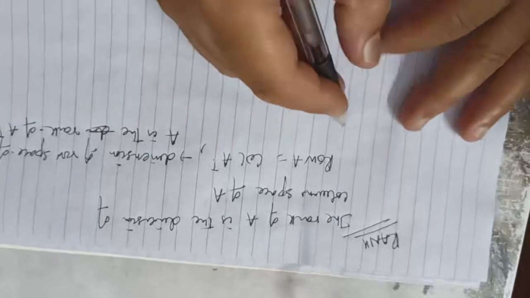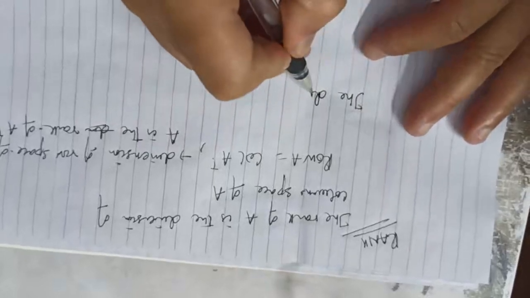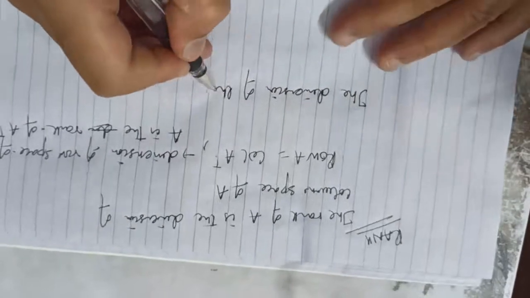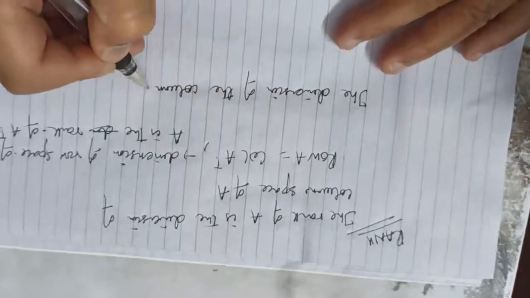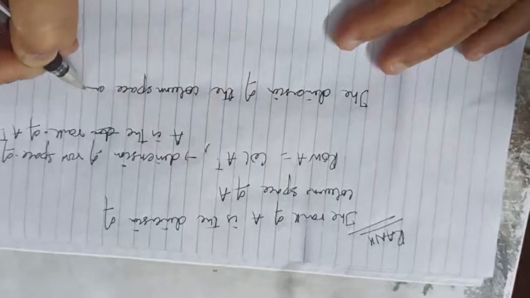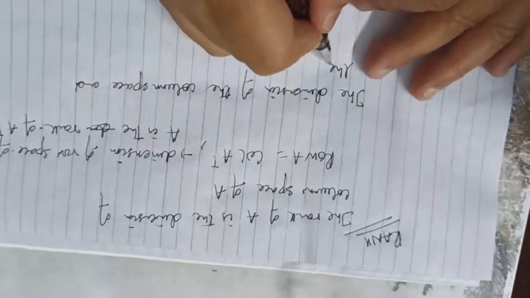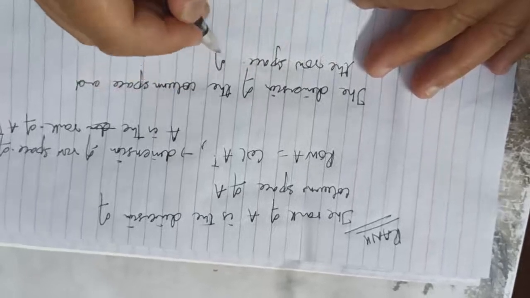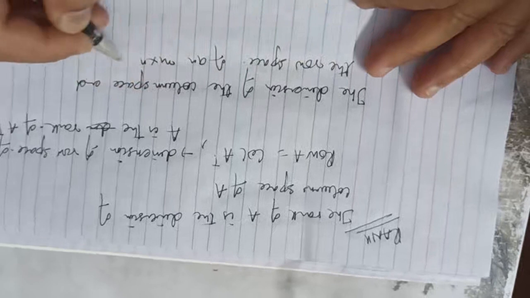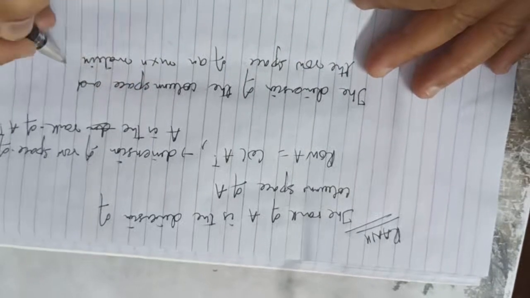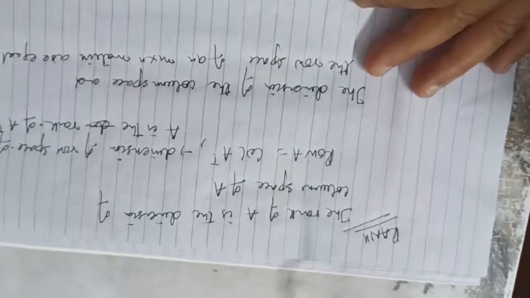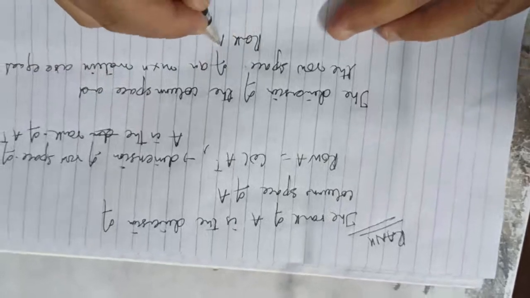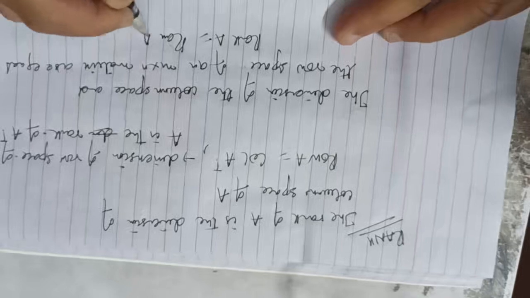Okay, so it says, and it's very important, that the dimension of the column space and the row space of an M cross N matrix are equal. So generally that means the rank of A is equal to the rank of A transpose.